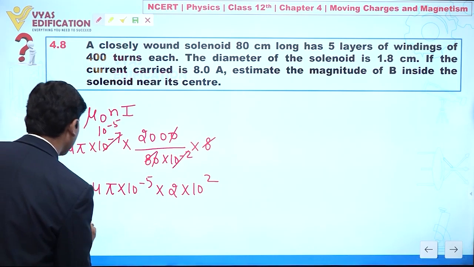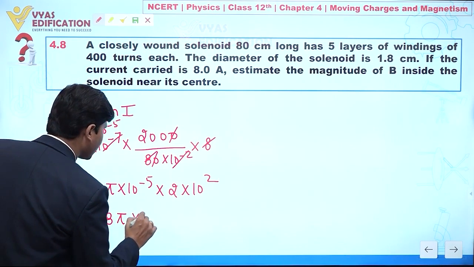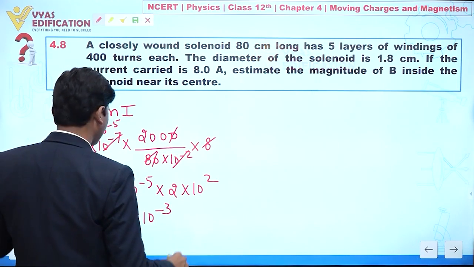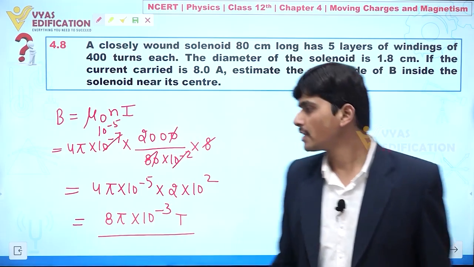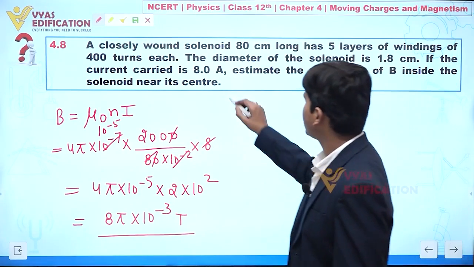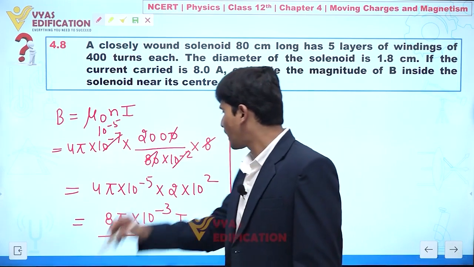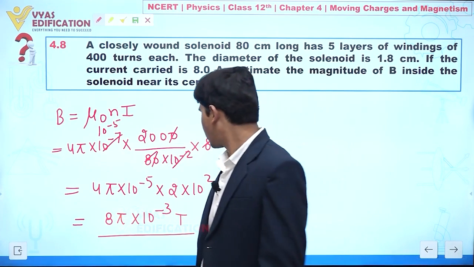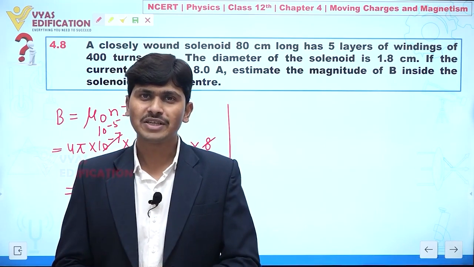From here we get 8 pi into 10 to the power minus 3 Tesla. So the magnitude of the magnetic field is 8 pi into 10 to the power minus 3 Tesla. So this is all about this question.